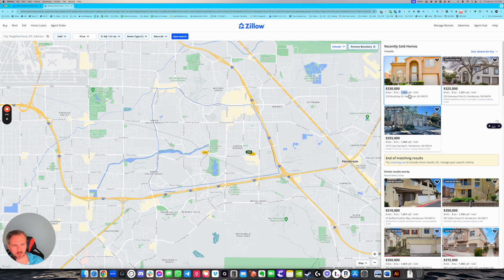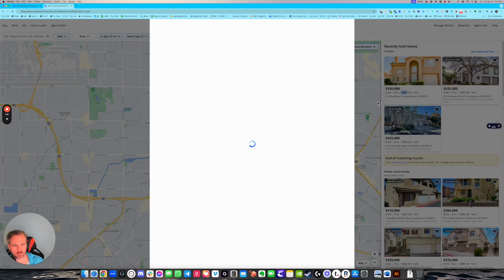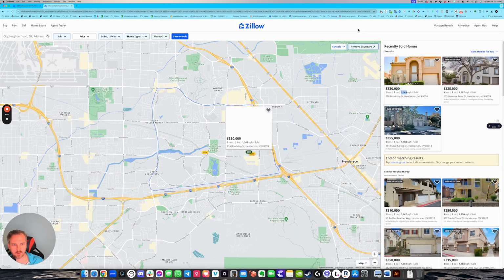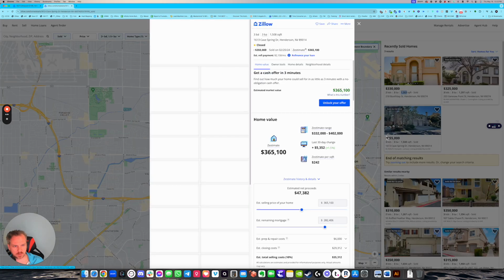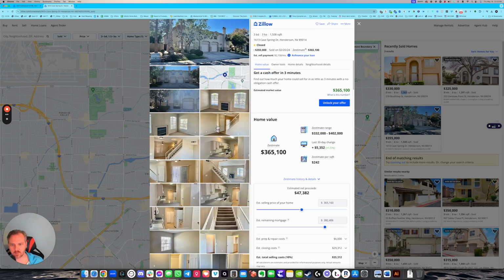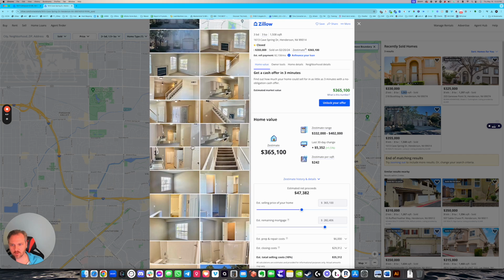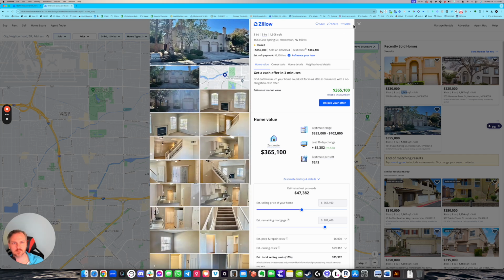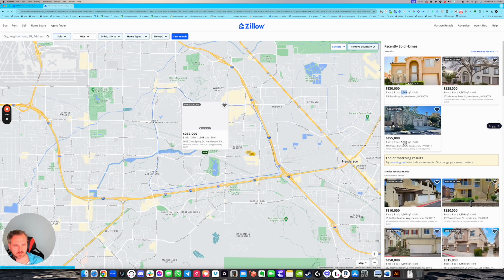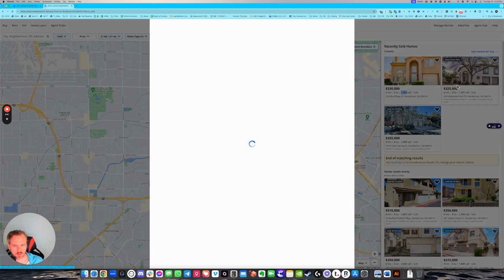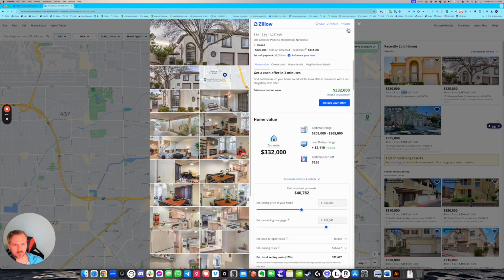This is 1263, in a similar location. Now this is basically the same exact house layout, just not upgraded. This is the original, all the original stuff from what I can tell. So 355, and we have another for 325.